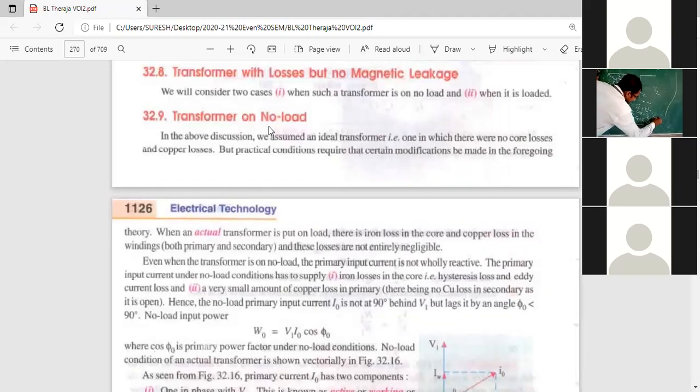Sin phi is equal to IM by I naught, so IM is equal to I naught sin phi naught. You can write those formulas. The horizontal component is I naught cos phi naught, and the vertical component is I naught sin phi naught.